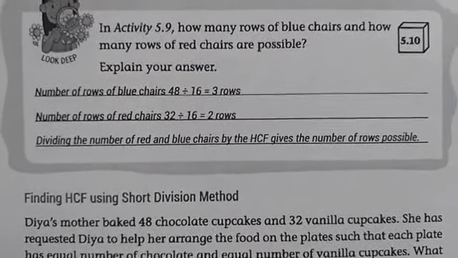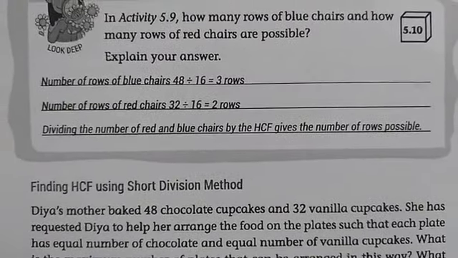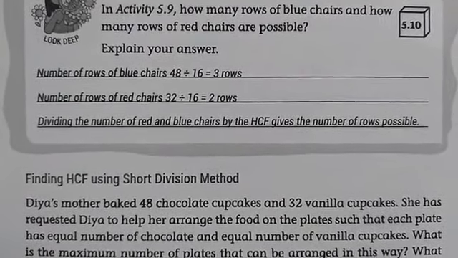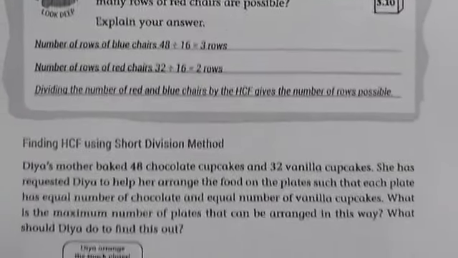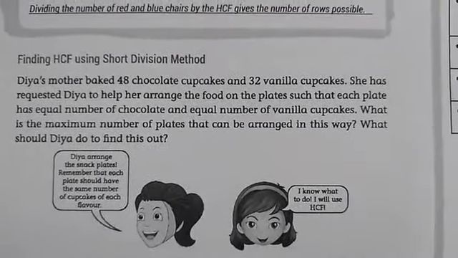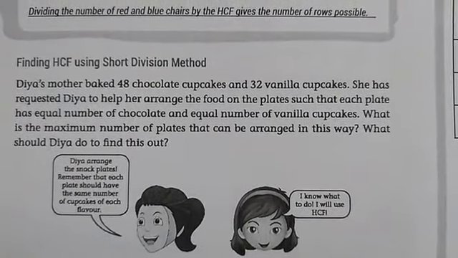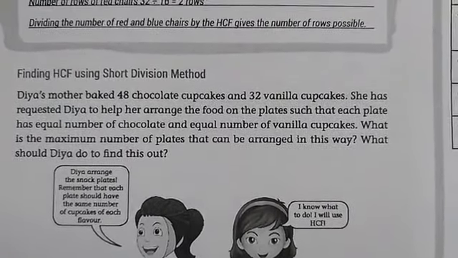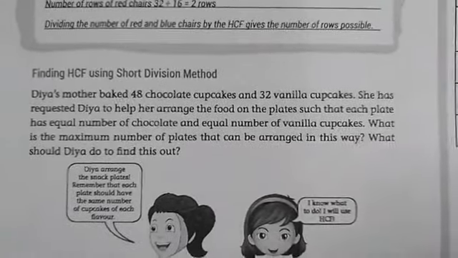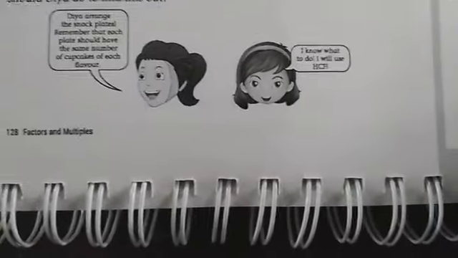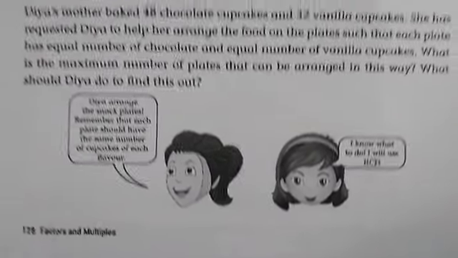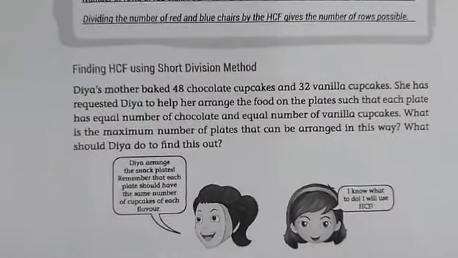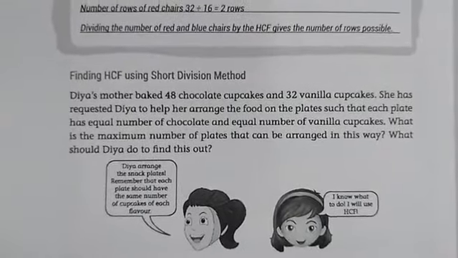How many rows for red chairs? 32 divided by 16, 2 rows. Okay. So this is the activity to find the HCF. Okay. Next.